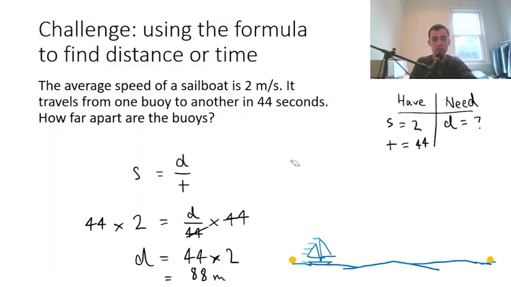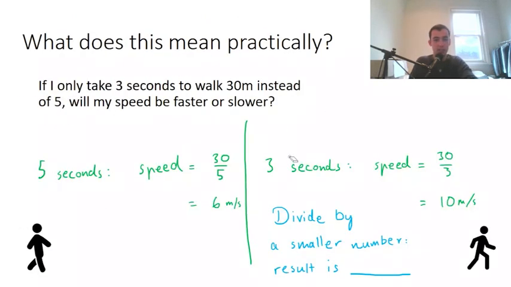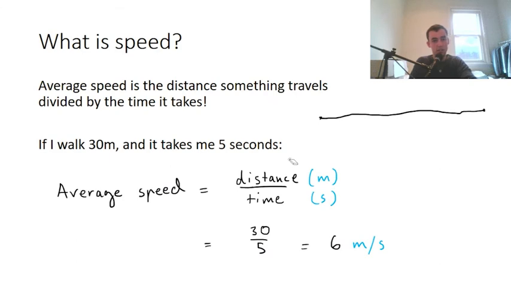So can we recap? What have we learnt? I hope you have learned that you'll already know what distance is. This thing, average speed equals distance over time. And you will have hopefully learnt that there's a difference between average speed and instantaneous speed.